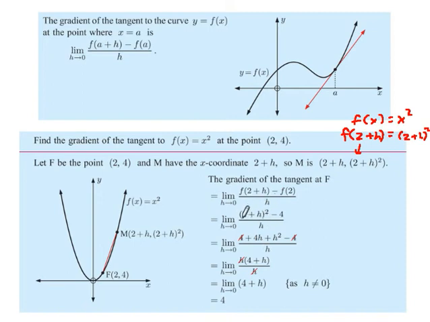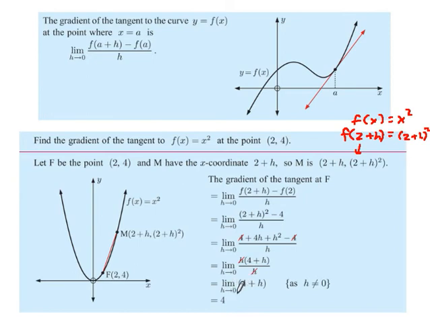I expand this term, and it becomes 4 plus 4h plus h squared, minus 4. The 4's cancel out, and I'm left with 4h plus h squared all over h. I factor the h out, and that h cancels with the bottom, so I'm left with 4 plus h.